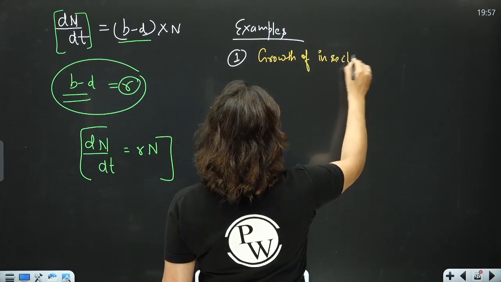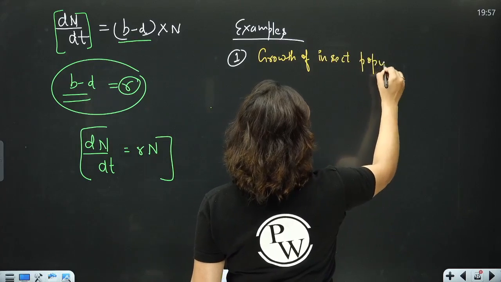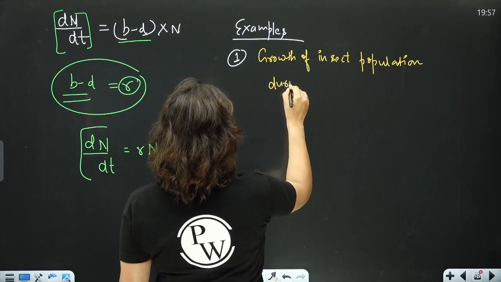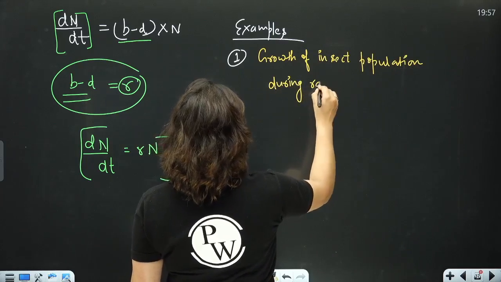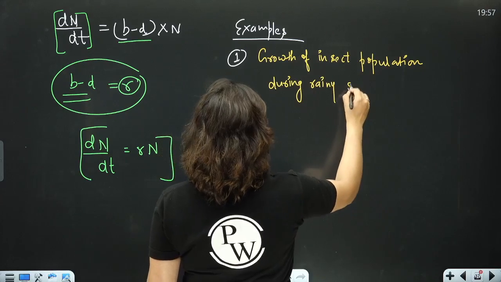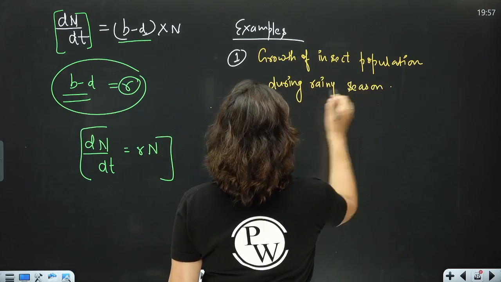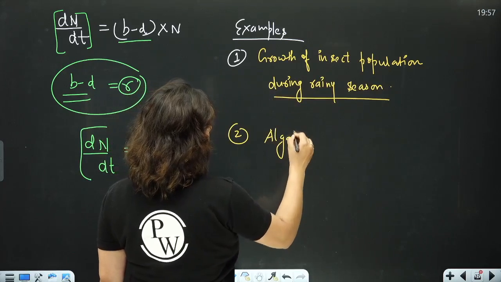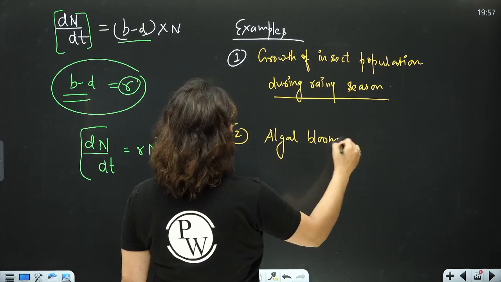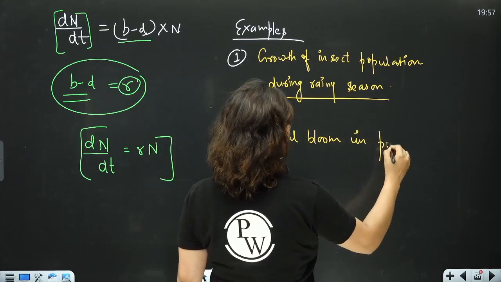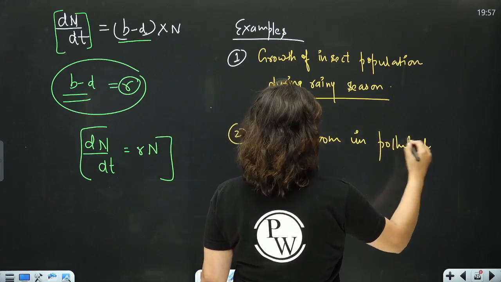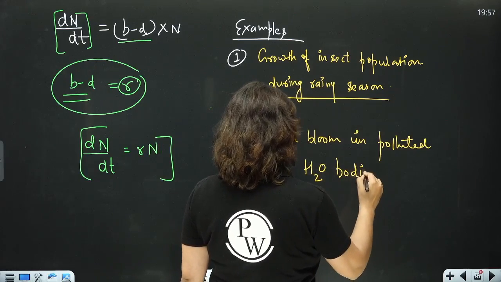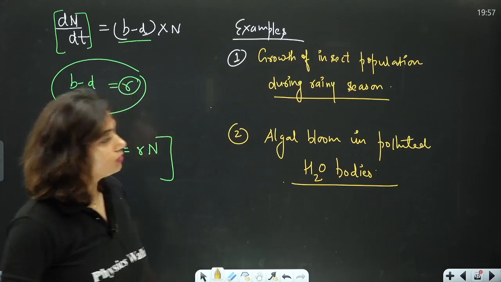And second example is the algal bloom in polluted water bodies. So this is important.